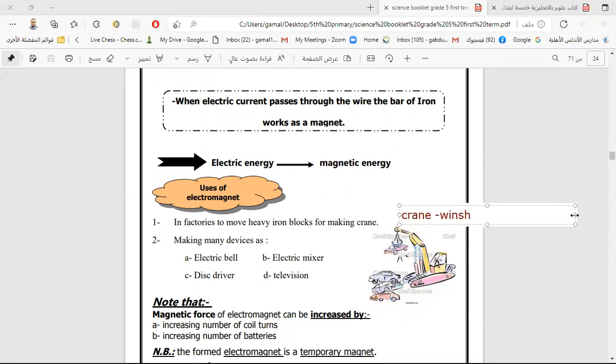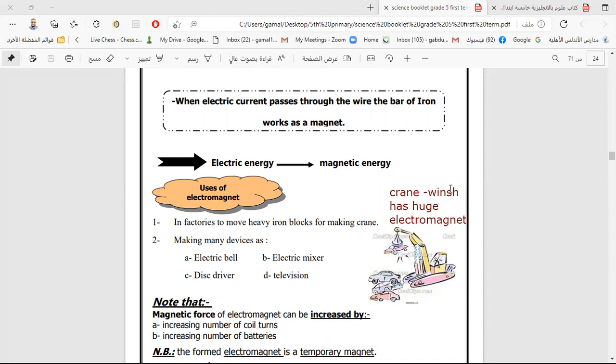It has a strong, a huge electromagnet. So you can carry heavy blocks of iron and steel and so on. This is the use of the electromagnet at factories.